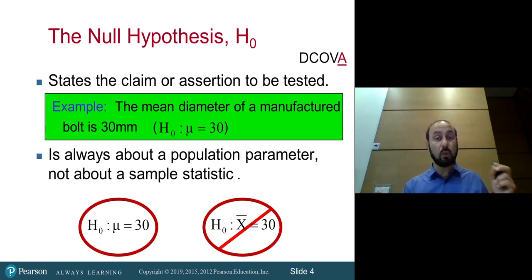So how are you going to convert this statement into a hypothesis? Null hypothesis H naught colon mu, which is a population parameter, is equal to 30. Now, you want to know whether this is true or not true. Remember that when you're writing a hypothesis, you always need to write a population parameter, which is denoted with mu. You cannot write it with x bar, which is a sample statistic.